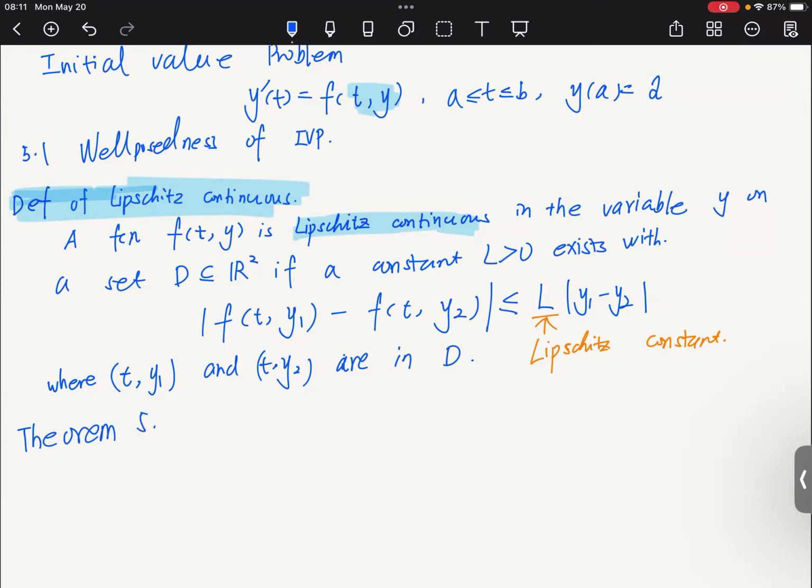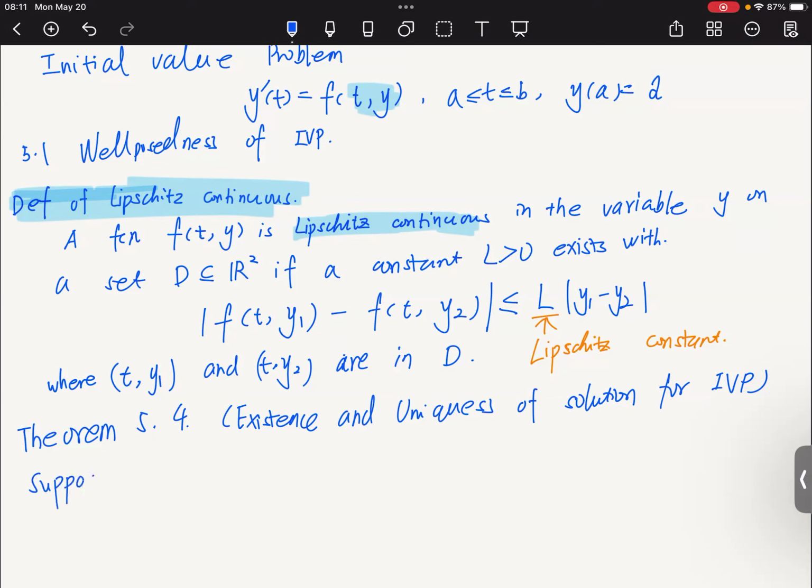So this is about the existence and uniqueness of the solution for the IVP problem. This theorem has several assumptions on the initial value problem. This is just one version of the problem.